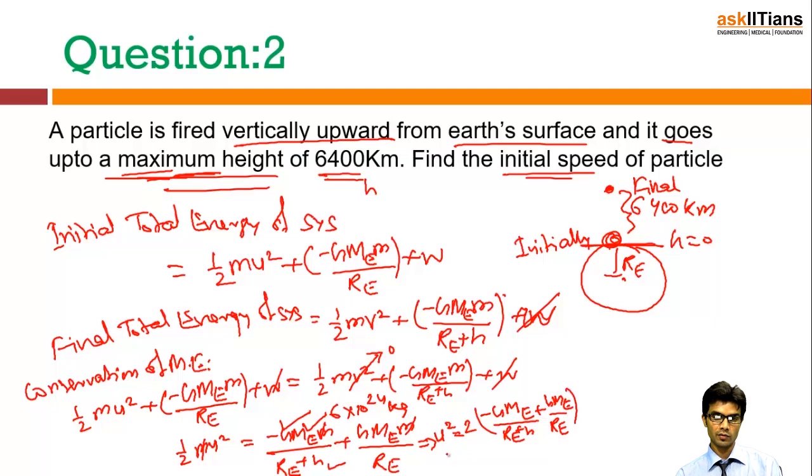From here we can find u. We already know G, the mass of the Earth, and H is given as 6400 into 10 to the power 3, so everything is known and you can find u. That's it, this part is completed.